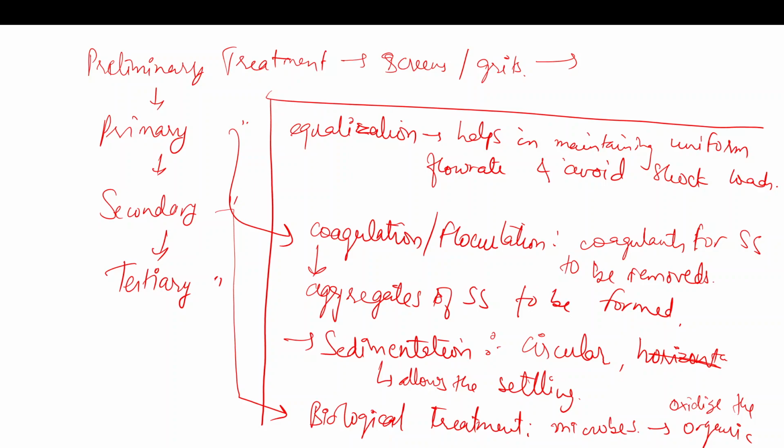So when your organic content is more biodegradable, BOD and COD will be almost equivalent. But when you have more non-biodegradable chemicals or organics, then your COD will be higher as compared to BOD.